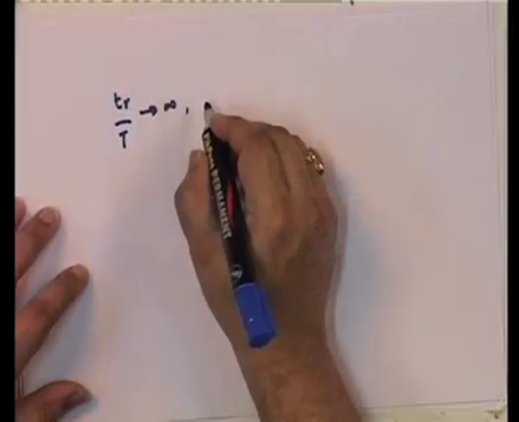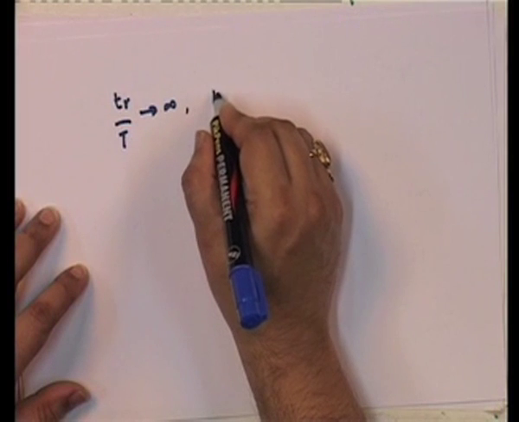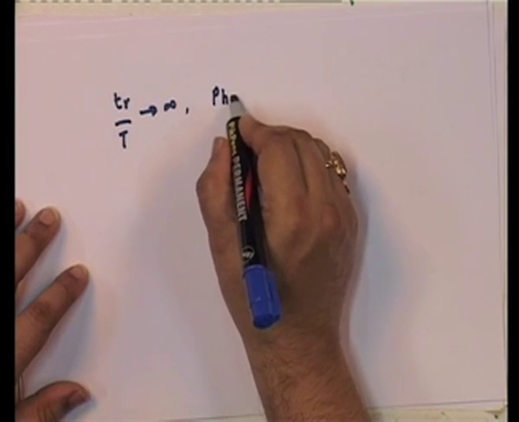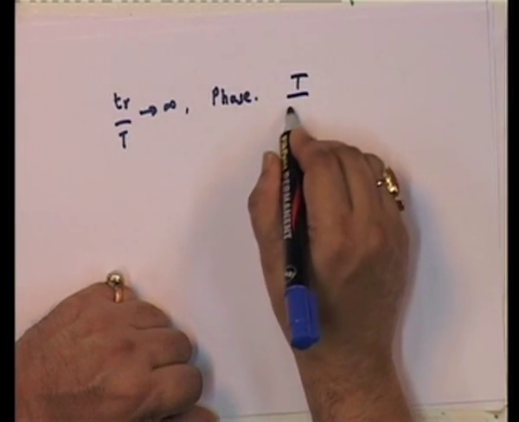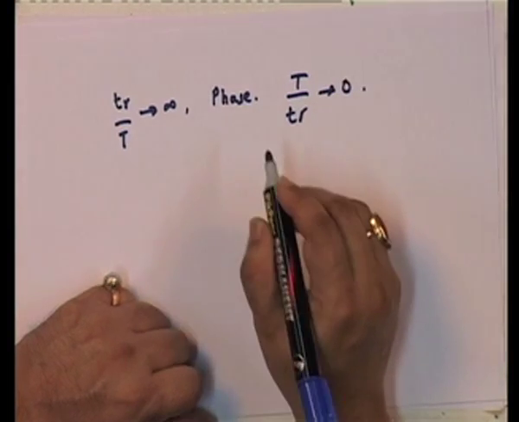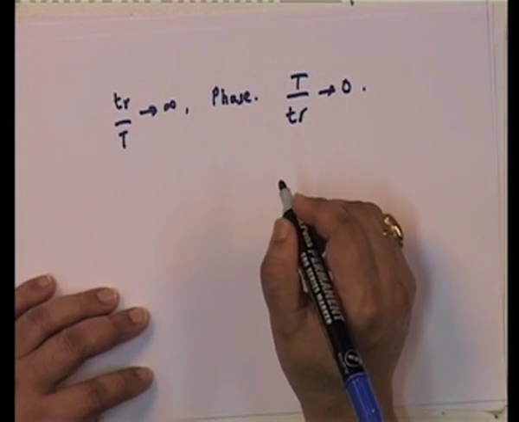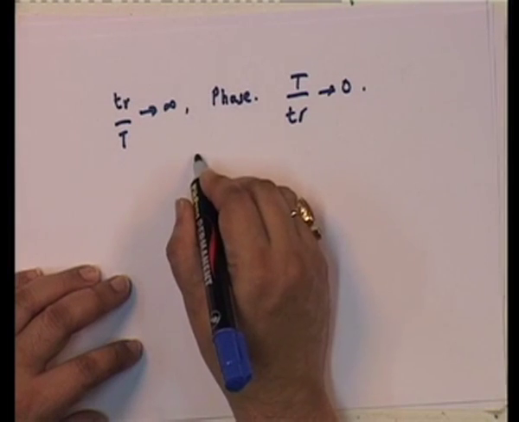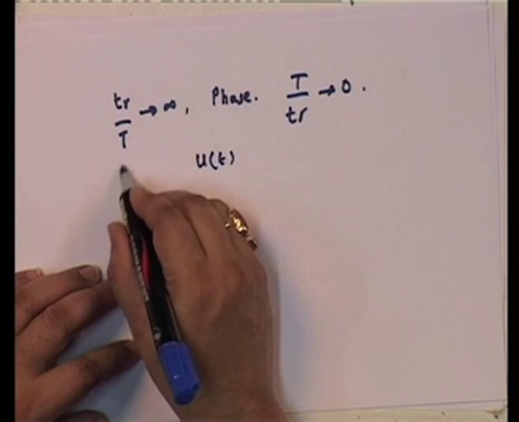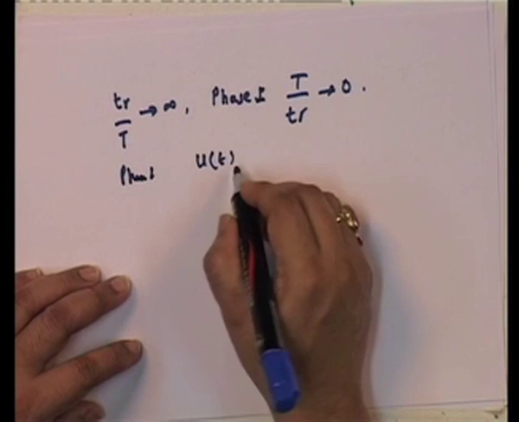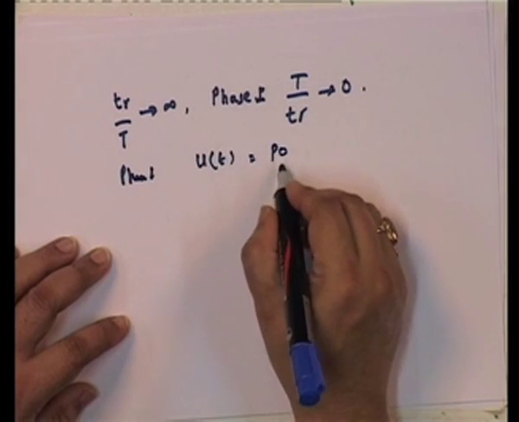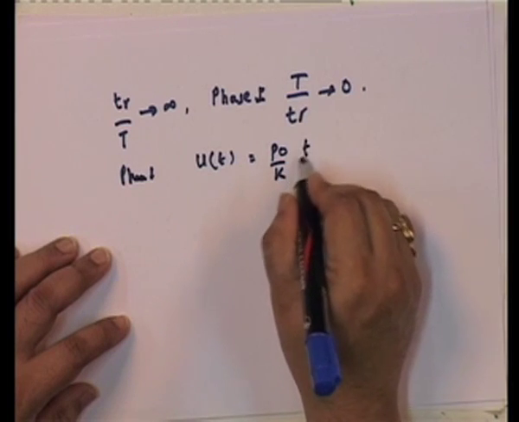Well, let us see again. We know that this will be in phase 1. If this tends to 0, this implies that T by t_r tends to 0. So, if T by t_r tends to 0, then u of t will be in phase 1 obviously, and in phase 1 u of t is equal to P naught upon k T by t_r.